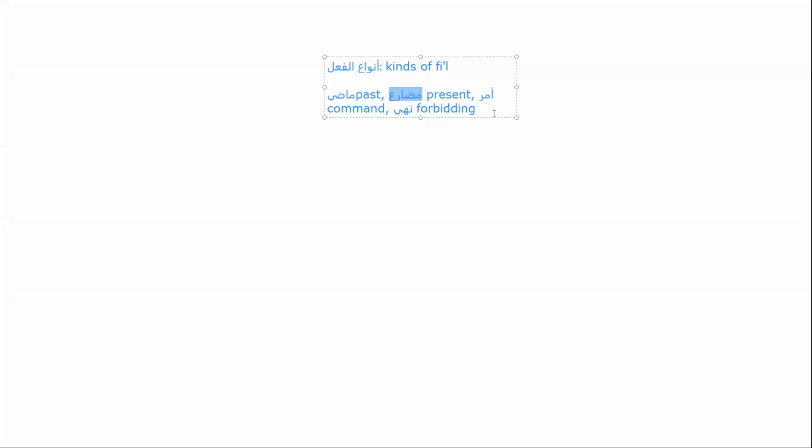So madi has changes at the end, and mudari has changes in both or in all parts. So madi, past tense, changes from its termination, the end of the word.